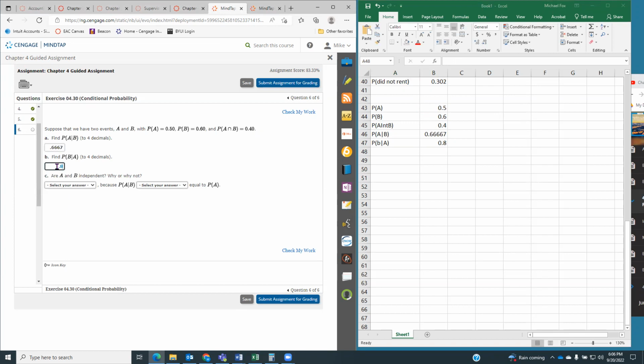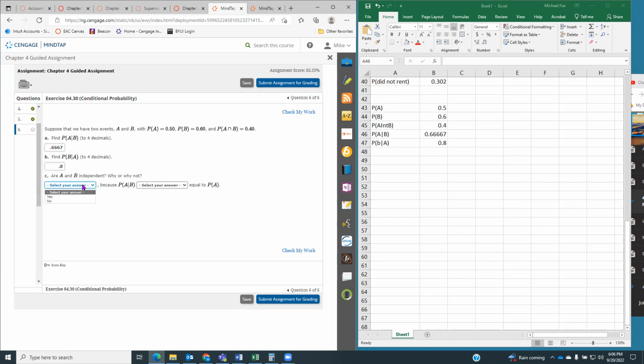And then there's a rule that we have to know if we want to tell if A and B are independent from each other. Remember, what we're talking about are two events.